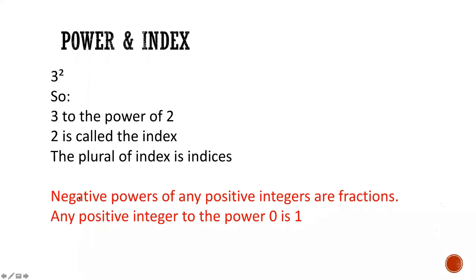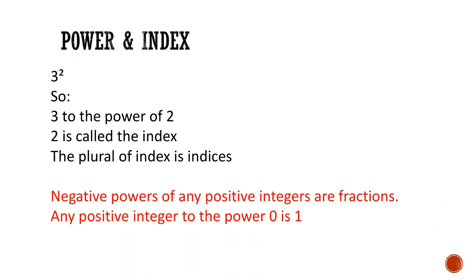There is something that you need to note down in this part. The negative powers of any positive integers are fractions, and any positive integer to the power of 0 is 1. For example, we have 3 to the power of minus 2.